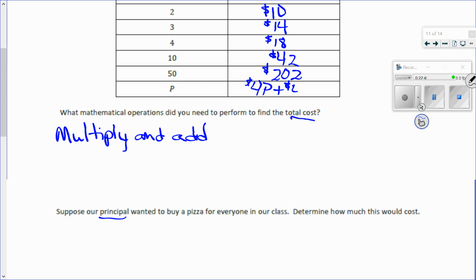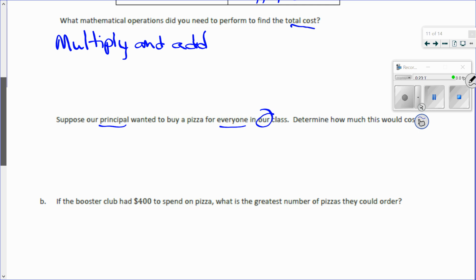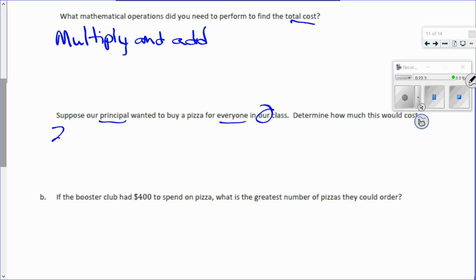Let's say our principal wanted to buy pizza for everyone in our class. How much would that cost? Anybody count up how many we have in here? We have 21 people.